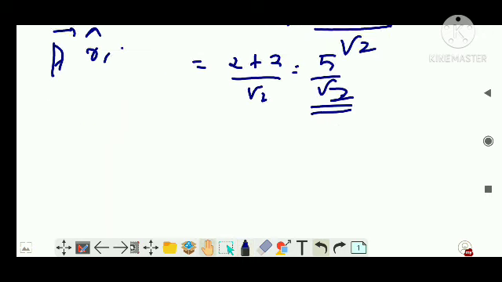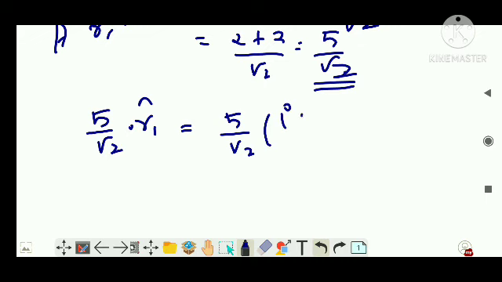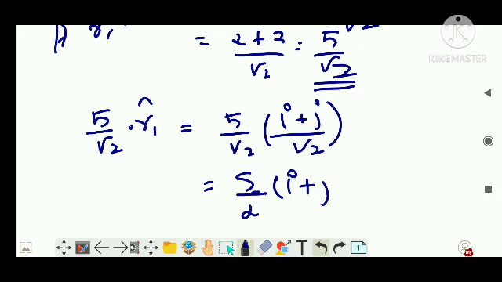Now you are asked even direction also. If you are asked, that means you have to write magnitude into the direction, r1 cap, right? That is the direction you are writing. So that means 5 by root 2, what is r1 cap? That is i plus j divided by root 2, we just wrote it. So this is the vectorial writing, that is 5 by 2 into i plus j cap.